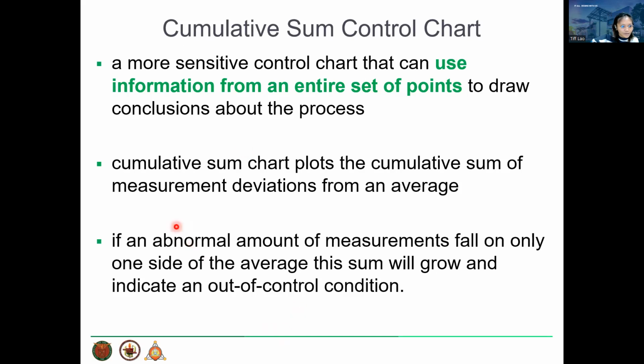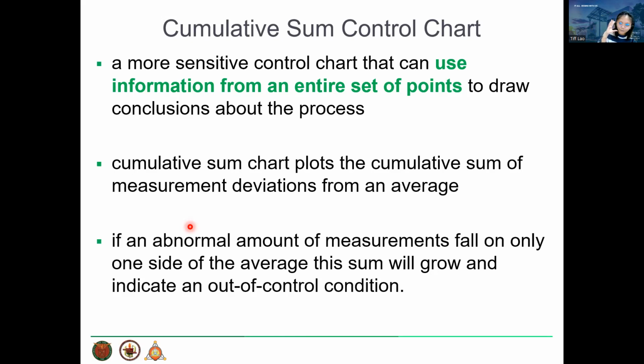So di ba may upper limit tapos may lower limit tayo? Ang ginagawa dito sa cumulative sum control chart, kinukuha yung sum either sa each part ng center line. Tapos based on that, malalaman mo na whether yung process mo ay out of control or control.